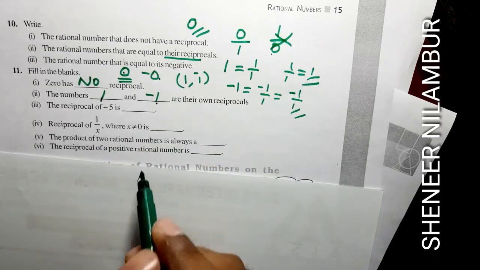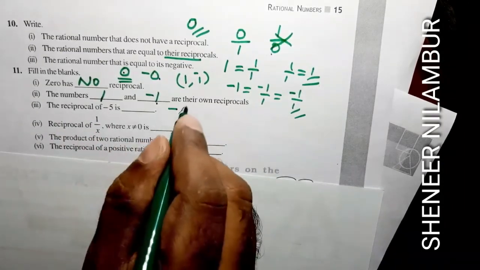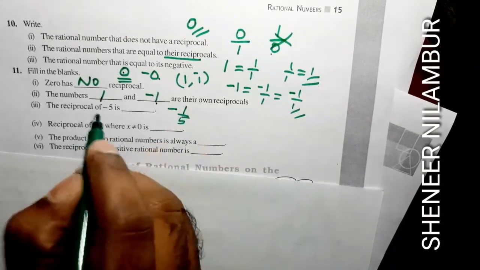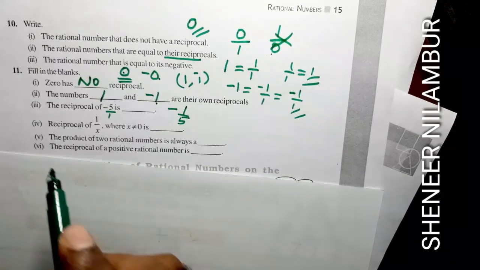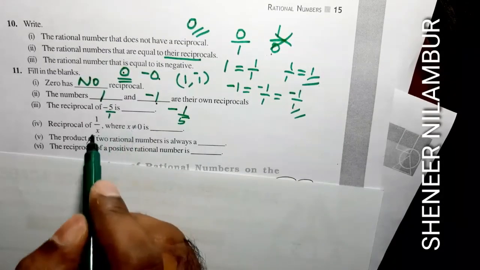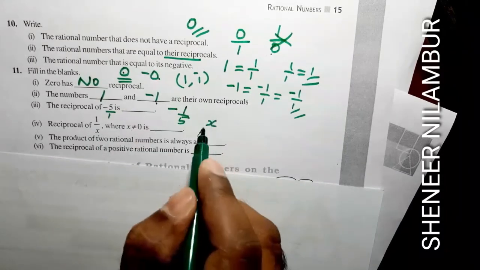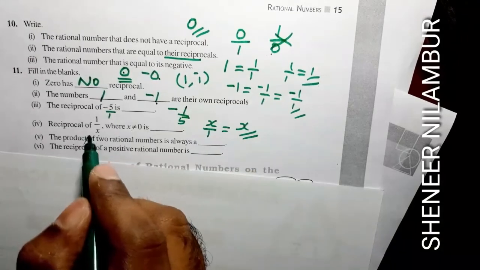So the reciprocal of minus 5 is, we keep the minus symbol, minus 1 by 5. 5 means 5 by 1, the reciprocal means minus 1 by 5. The reciprocal of 1 by x, where x is not equal to 0, is x by 1. X by 1 is equal to x. So x is the reciprocal of 1 by x.